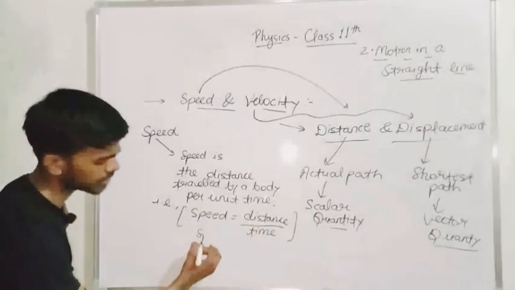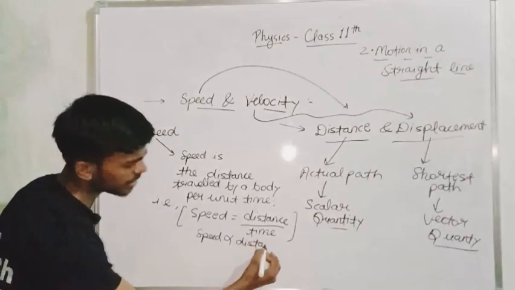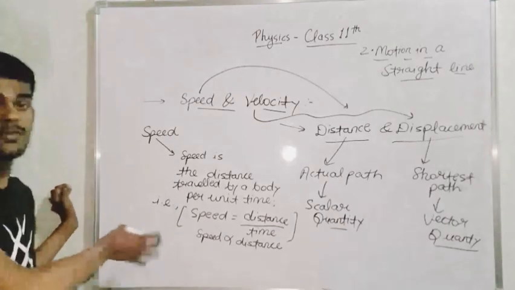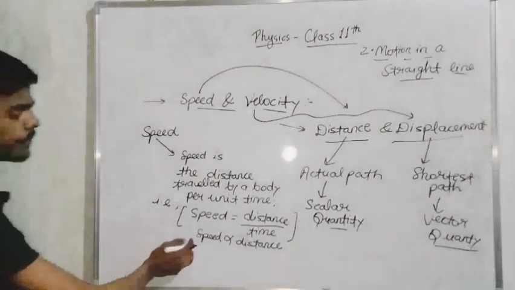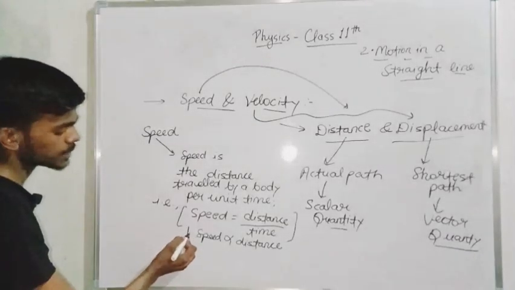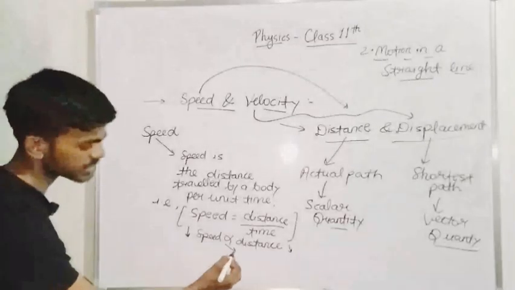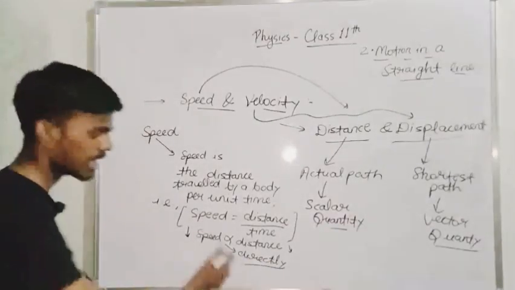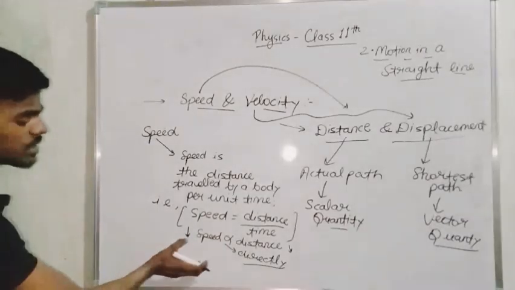Speed is directly proportional to the distance. So if we increase speed, then our distance will also increase, and if we decrease our speed, then our distance will also decrease. That is a direct relation. An indirect relation is inversely dependent.